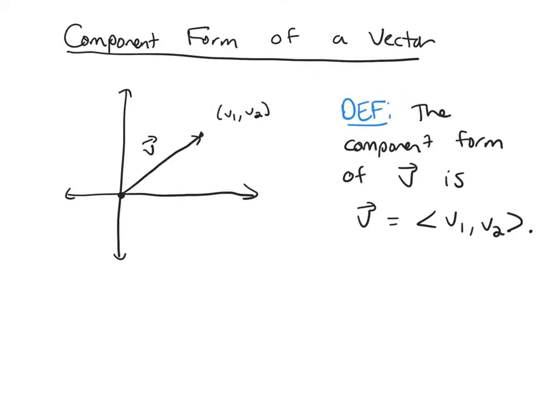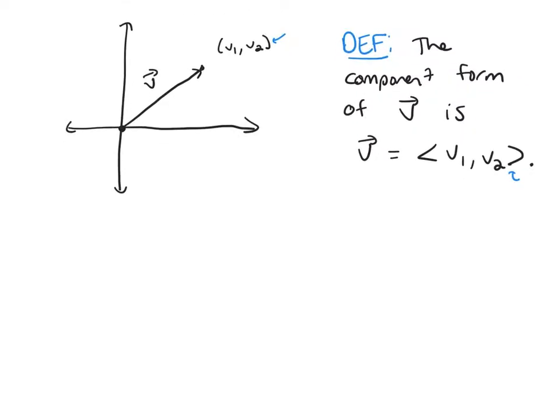So when we use parentheses, we're talking about a point, but here we use these angle brackets, which mean we're talking about a vector. So component form is really nice and convenient.